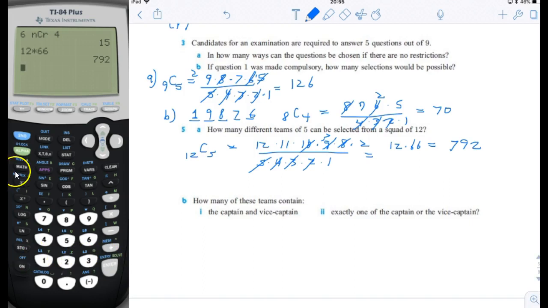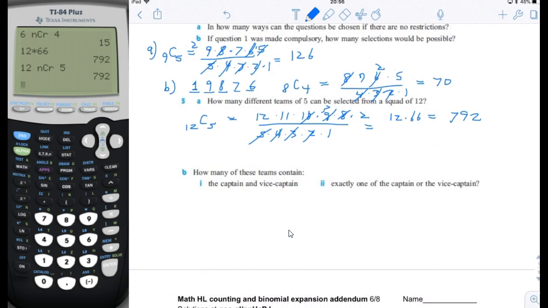And let's just check that using math, probability, and choose r. So let's put 12 and 12 chooses 5. Okay, all right.